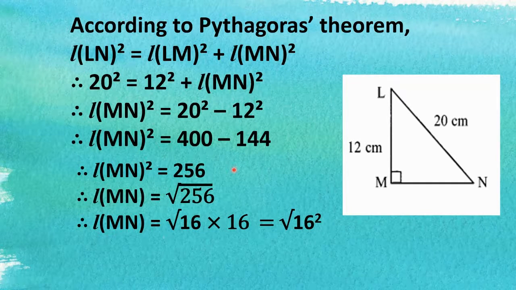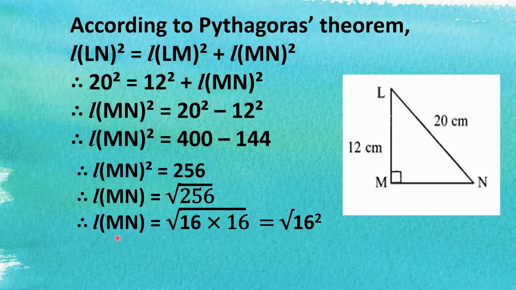So when we subtract we will get 256. Students, here in this diagram you can see we have to find out MN, and here we have length of MN square. So here we will take the square root. So length of MN is equal to square root of 256. Now we will further factorize square root of 256.